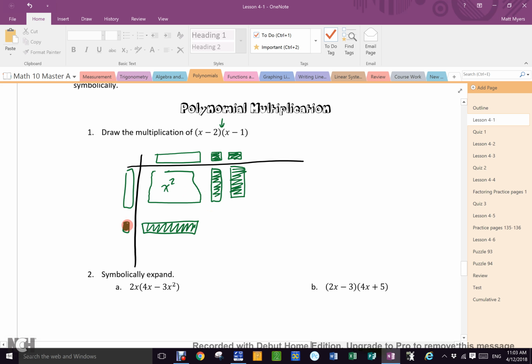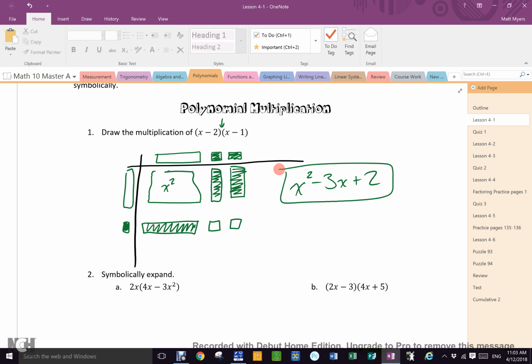And then I've got that little box, and 2 negatives make a positive. Now all I got to do is count. There's an x squared, one of them. There's 3 negative x's, and there's 2 positives. Done. And that is the last time I will make you draw anything. I will use the drawing again, but the last time I'll make you draw it.